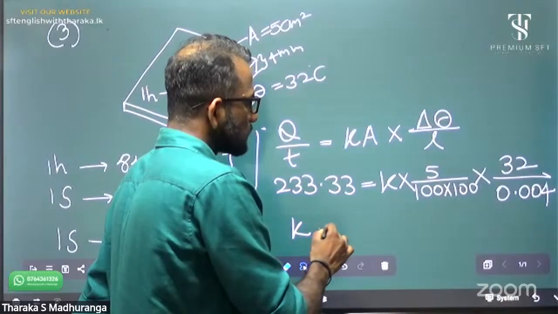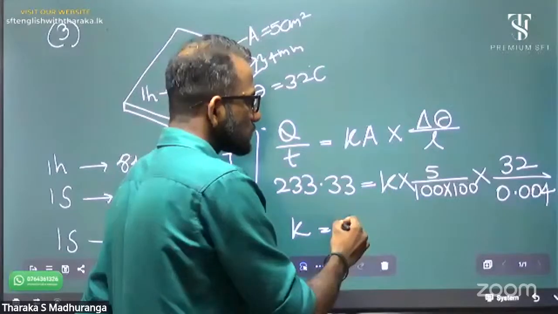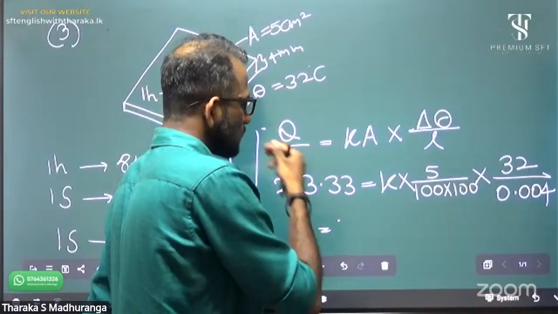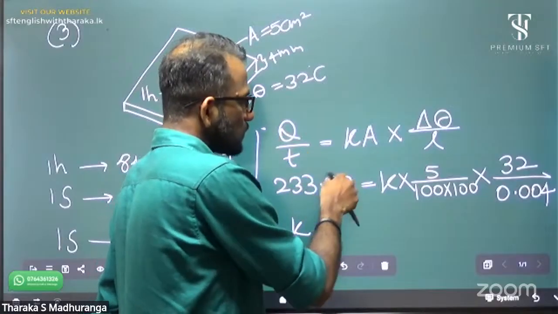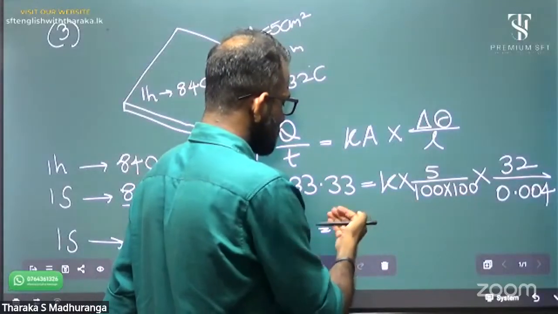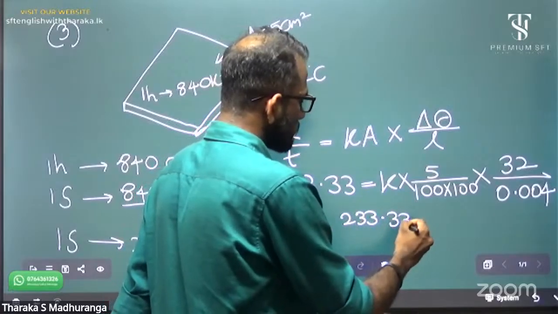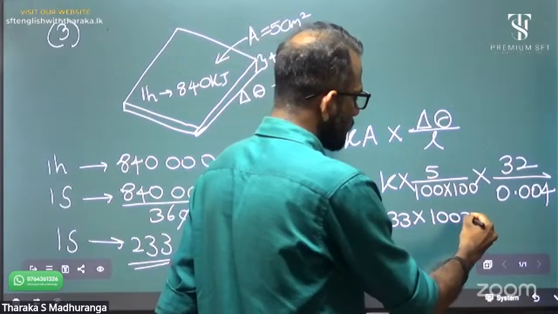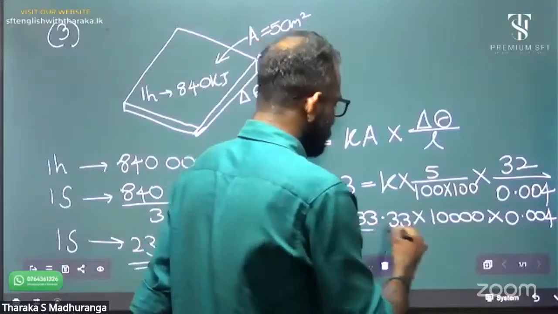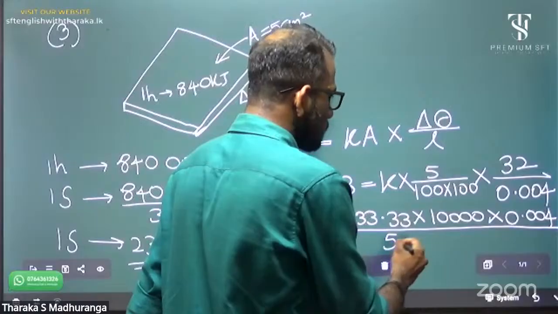K equals 233.33 multiplied by 10,000 into 0.004, divided by 5 into 32.